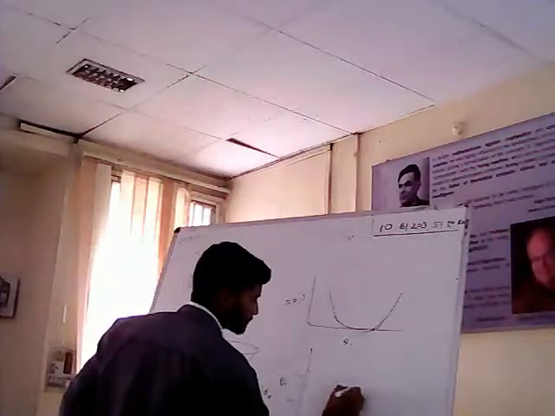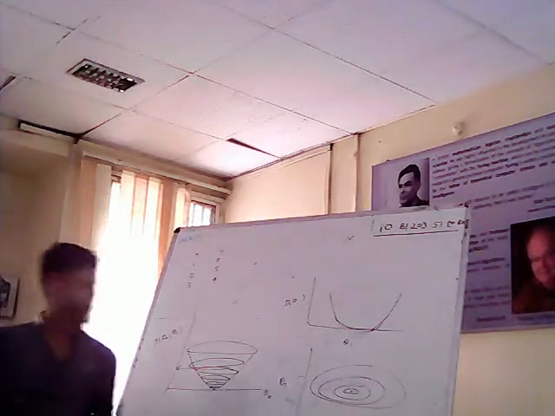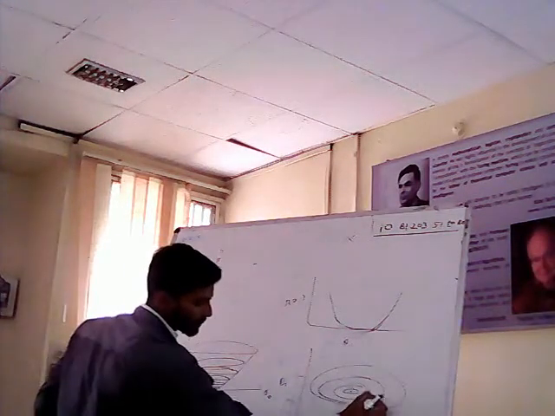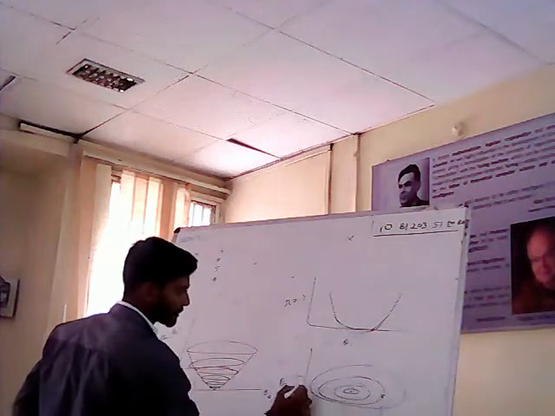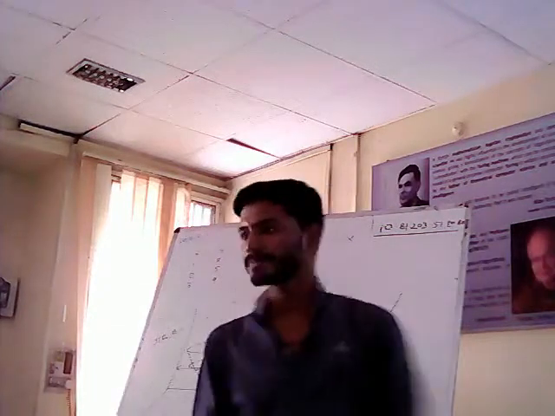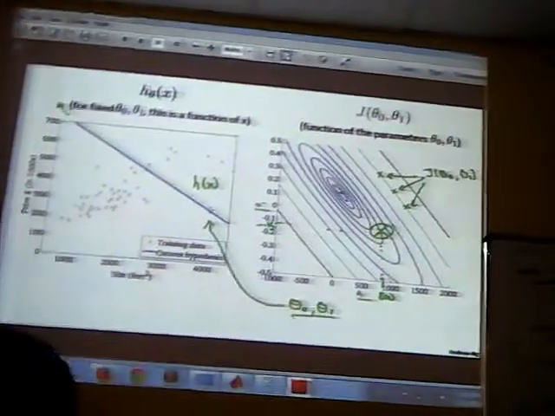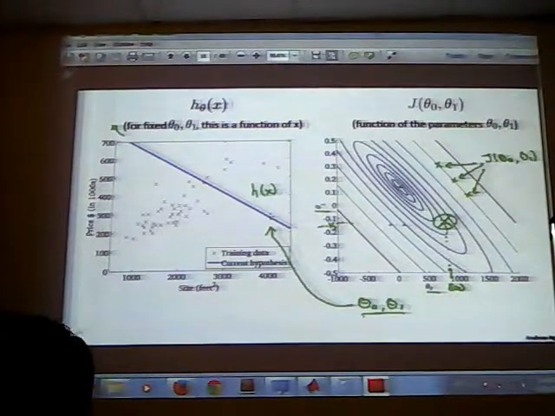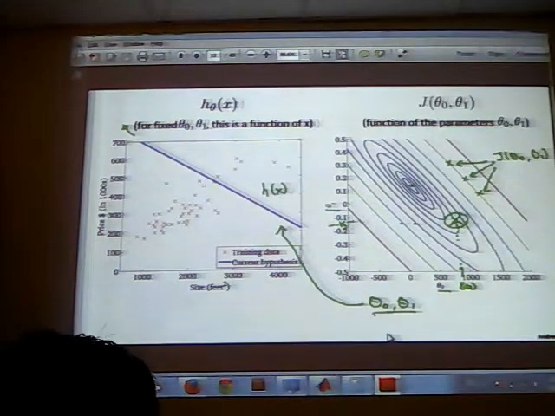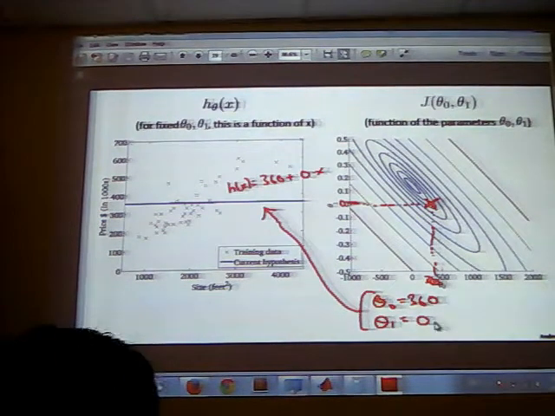At a particular point, say at this point, we have this value of theta 0 and this value of theta 1. And for this particular value of theta 0 and theta 1, we have a line in our data set according to h of x. For this point we have a line like this, and we can see it doesn't fit well to our data set.